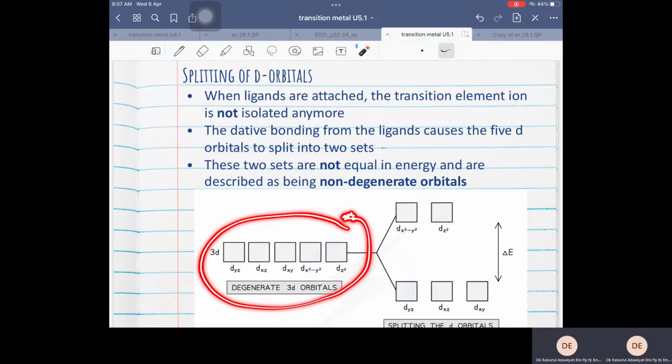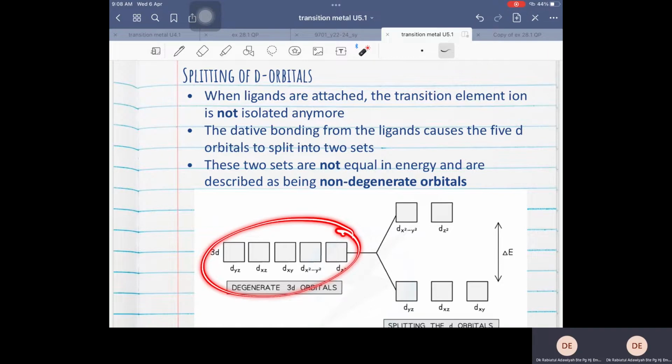Okay? So this is the arrangement of the d orbitals in a transition metal that is isolated. Isolated means it is not attached to ligands, it doesn't form ions, it's just a metal on its own. The d orbitals are degenerate, same energy.